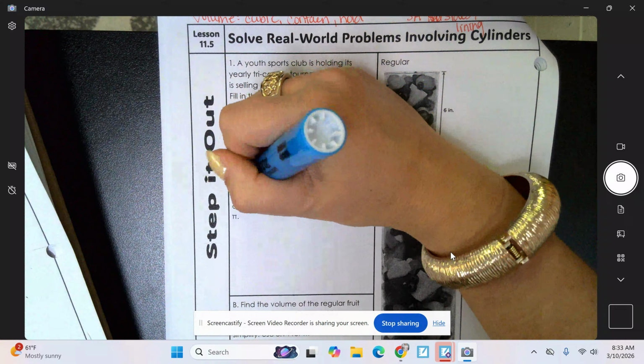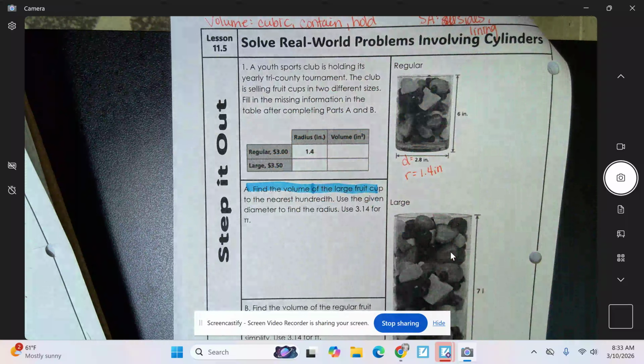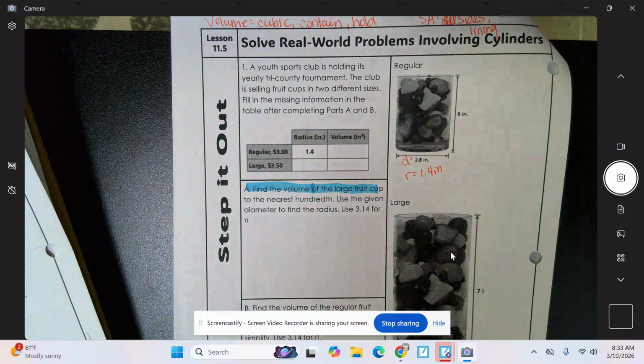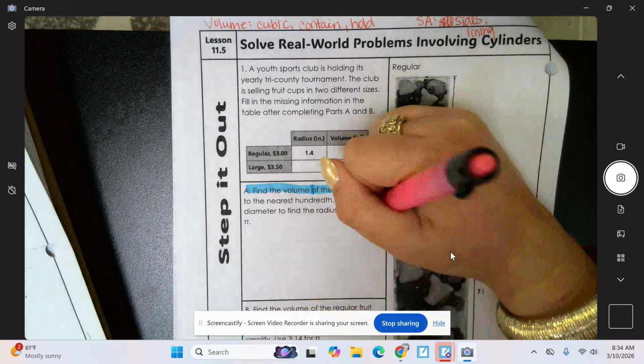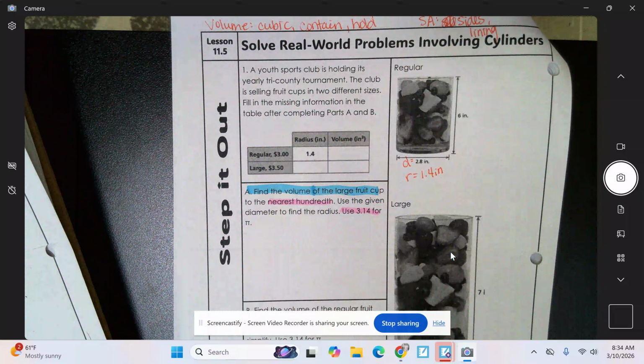Find the volume of the large fruit cup. Do we have any special instructions on how they want the answer or what to do? Use 3.14. And what about rounding to the nearest hundredth?